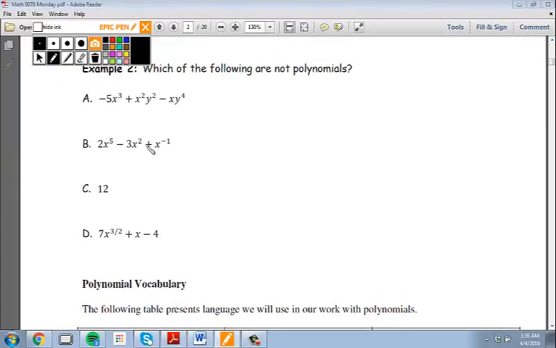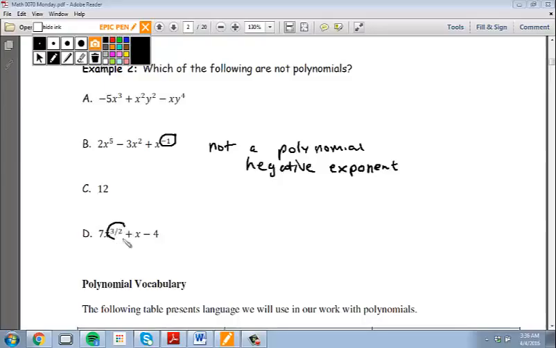Well, if I look at them carefully, I see B is not, because it has a negative exponent. And I know that D is not, because it has a fraction as an exponent. And although I specifically didn't say that you couldn't have that, I did say that the exponents had to be natural numbers.